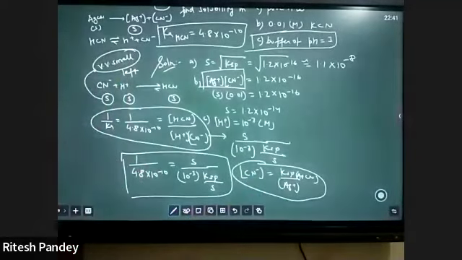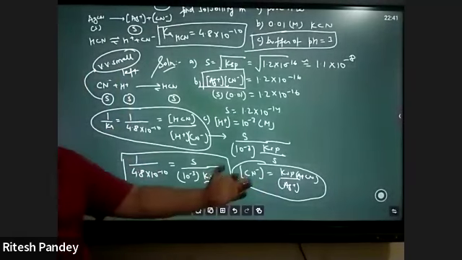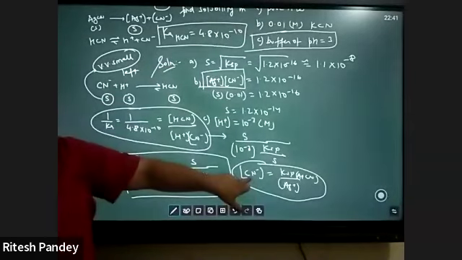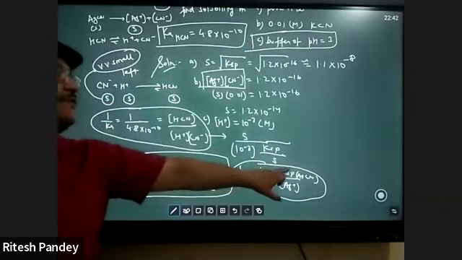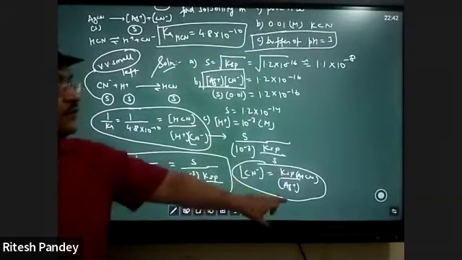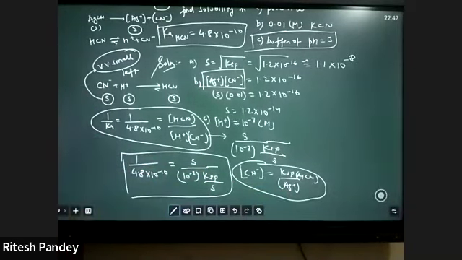Remember, in problem B you had a lot of CN minus. This was a constant, so when this was a big value, that was a small value, and the solubility was decreasing.